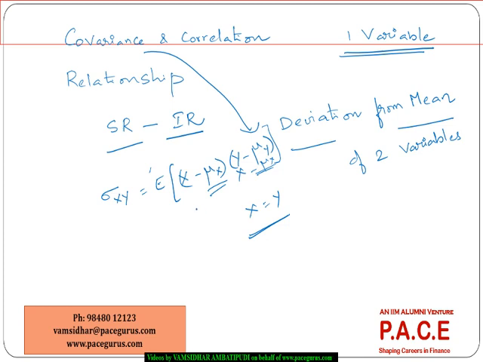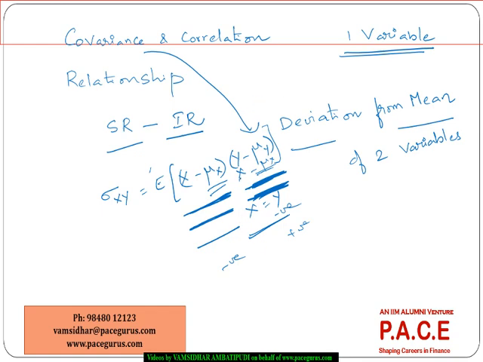So it can so happen that this could be positive, and this could also be positive. In that case, the covariance could be positive. This could be negative, this could be negative, and still the covariance could be positive. But if this is positive and this is negative, or this is negative and this is positive, my overall covariance could be either positive or negative, depending on which one is higher compared to the other.